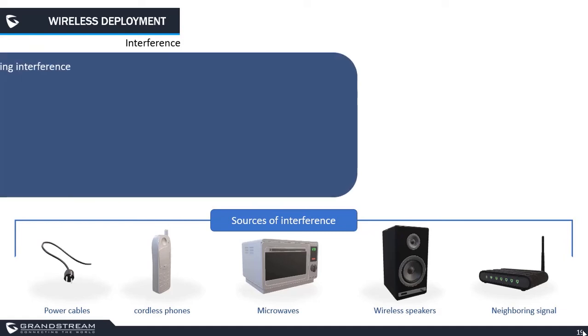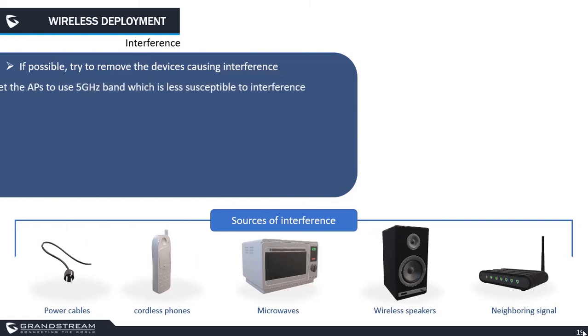So the interference can be adjusted by either removing these devices or the material causing interference. For example, if you have an access point that is deployed close to wires that run electricity, that can give interference to the access point. So either you want to move the power cables or move the access point to a place that is far from these sources of interference.